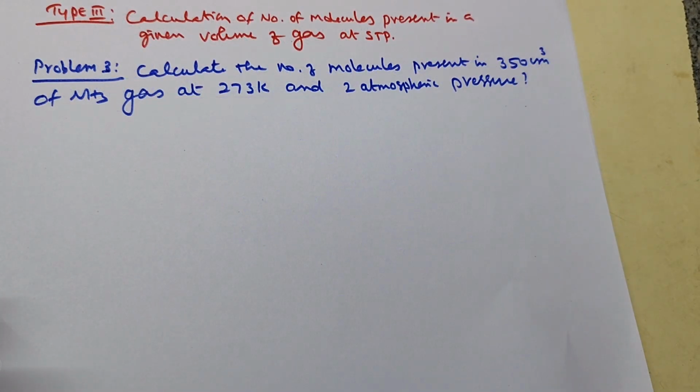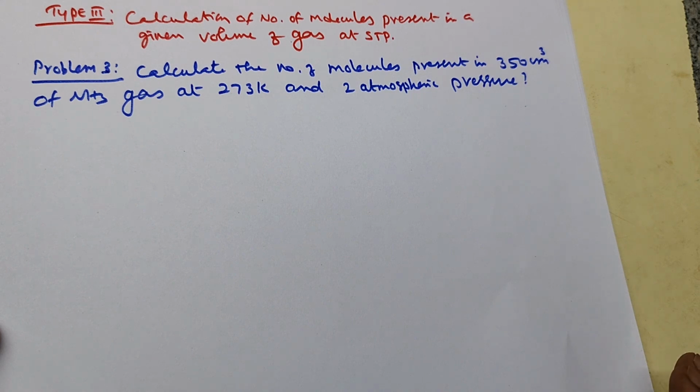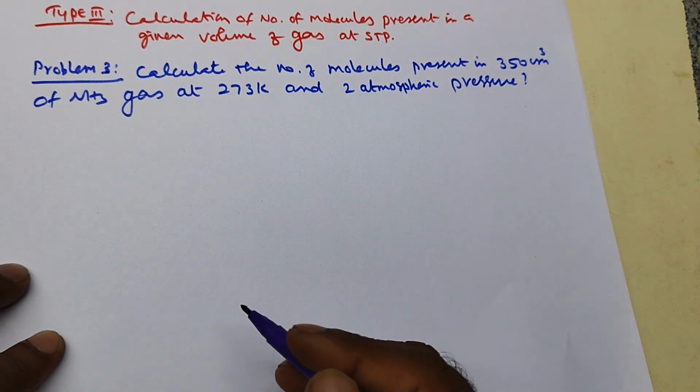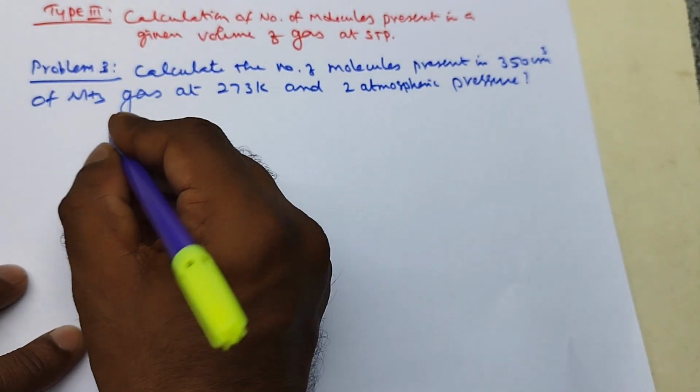Yes. Now we will discuss the last type: calculation of the number of molecules present in a given volume of a gas at STP. Here we already defined molar volume: 1 mole of gas at STP occupies 22.4 liters. You have to remember that for working out this type of problem. So what data are given here?